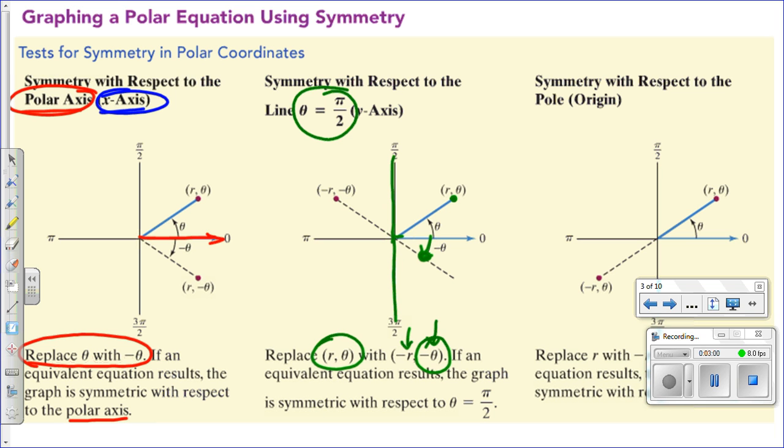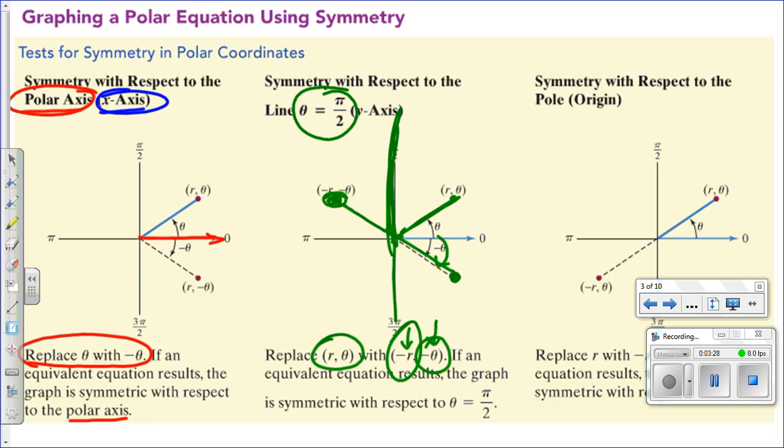But we want it to be on the other side. So we start here, we go negative theta, the point is here. And the reason you make your r negative is so that the point can end up here on the other side. And then here you can see the symmetry with respect to this line, right?